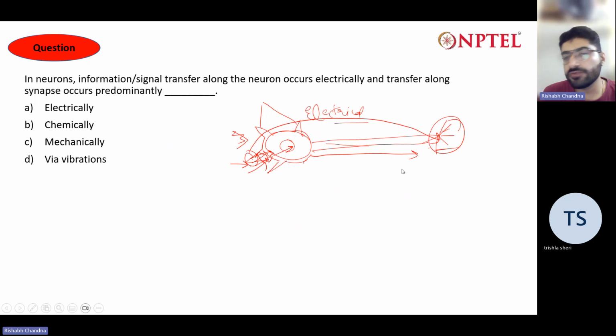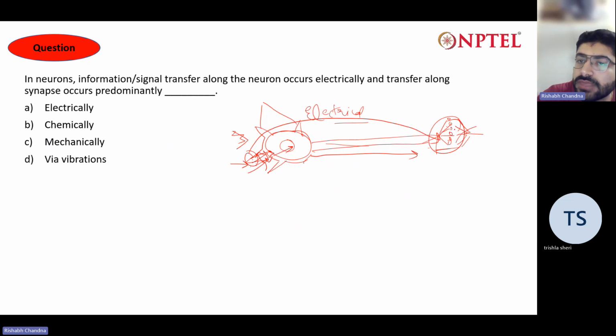Now, what if the signal needs to be sent to the other neuron? Consider this as the dendrite of the other neuron, and these are the synaptic vesicles, the synaptic cleft, and the postsynaptic neuron. Now from here, if the signal has to be transmitted to the other neuron, what will be the case? Here, certain vesicles will be formed containing the neurotransmitter.